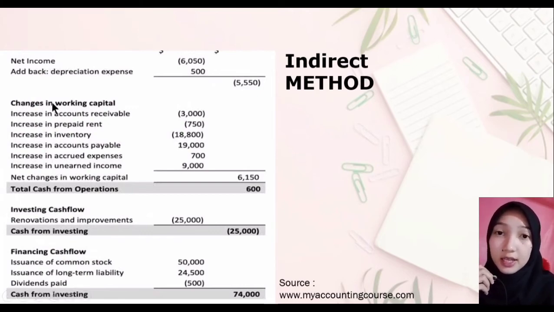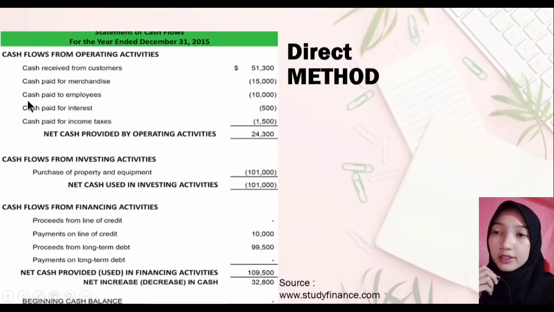You can see the difference between the 2 methods is in the calculation of operating activities. Under the direct method, income and expense reported on accrual basis are converted to cash basis.